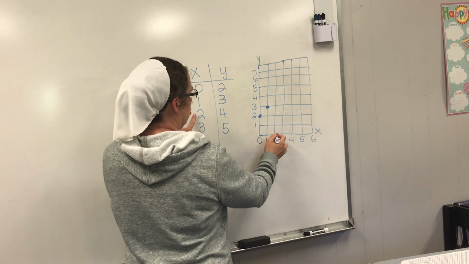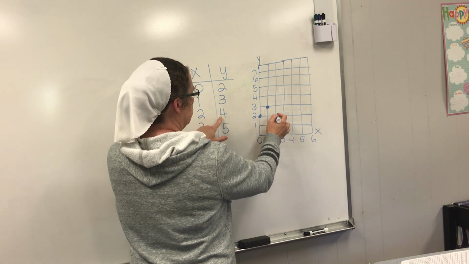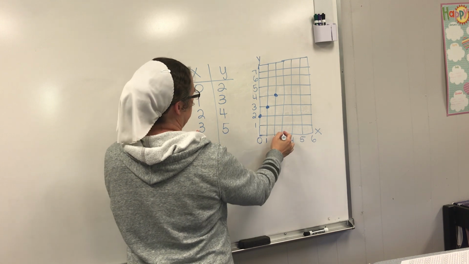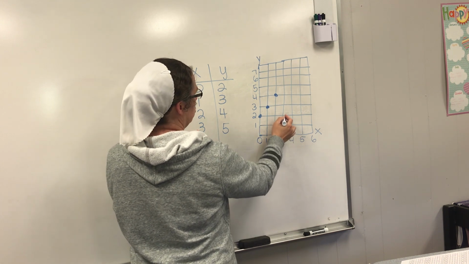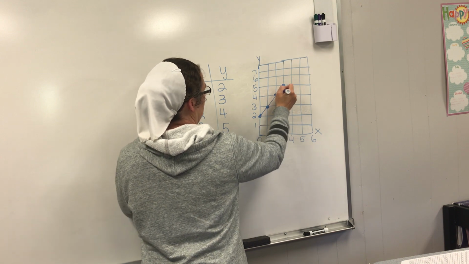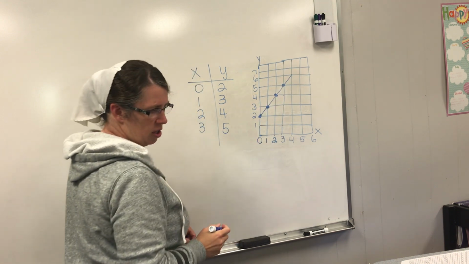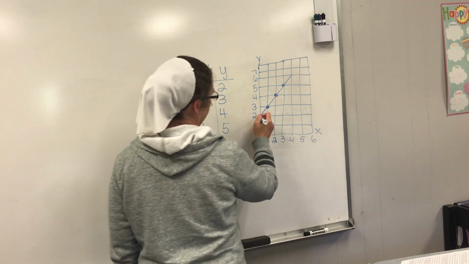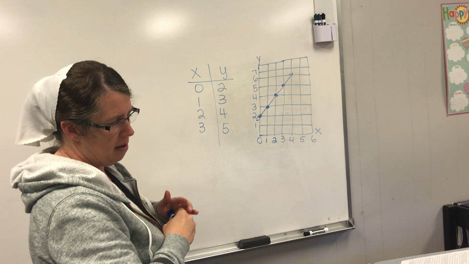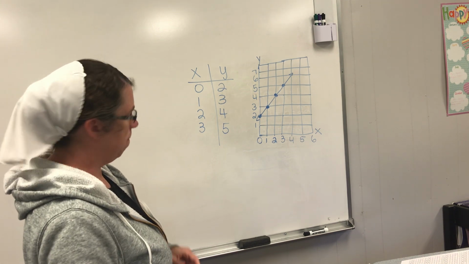Our x is 2 and our y is 4, 1, 2, 3, 4. Our x is 3 and our y is 5, 1, 2, 3, 4, 5. And you would draw your line just like that. Put you some arrows. And that is your line.